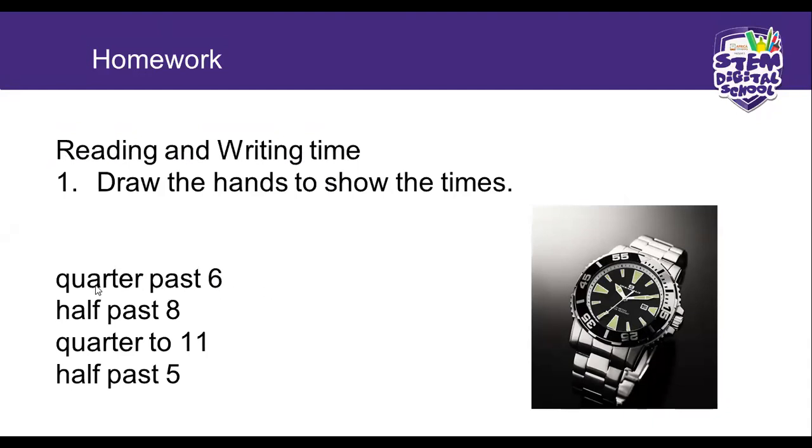So what you're going to do is, for 6:15, write the long arm and the small arm on the face of the clock. We are going to do 4 of them. 8:30, you're going to represent it on the face of your watch. 11:15, you're going to represent it on your watch there. 5:30, you will represent it on your watch there.